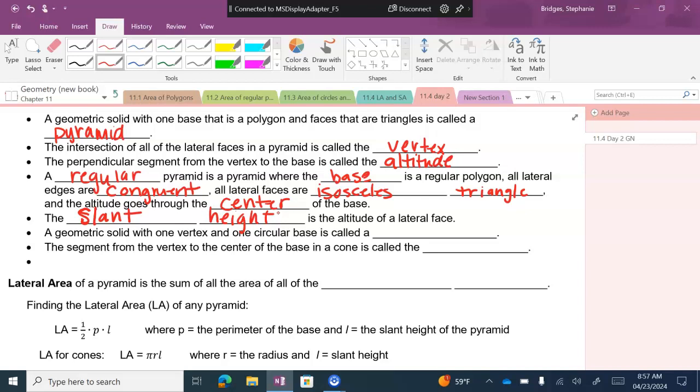And then we have a geometric solid with one vertex and a circular base is called a cone. And the segment from the vertex to the center of the base, much like in the regular pyramid, is called the altitude.